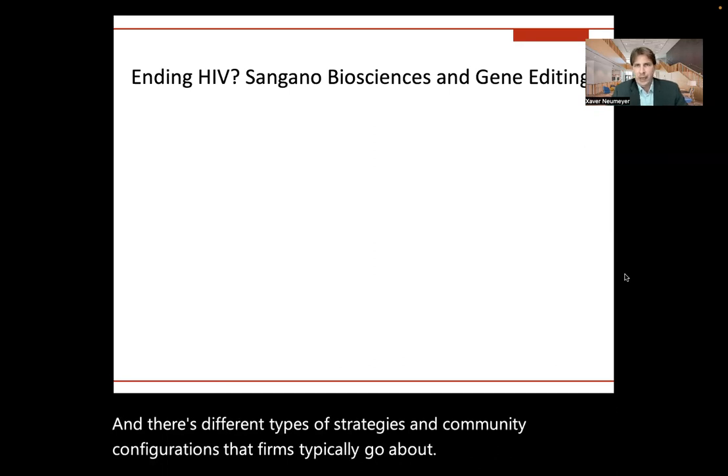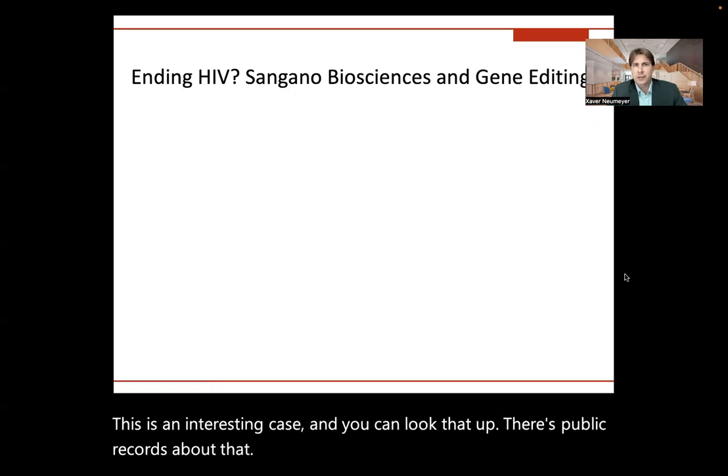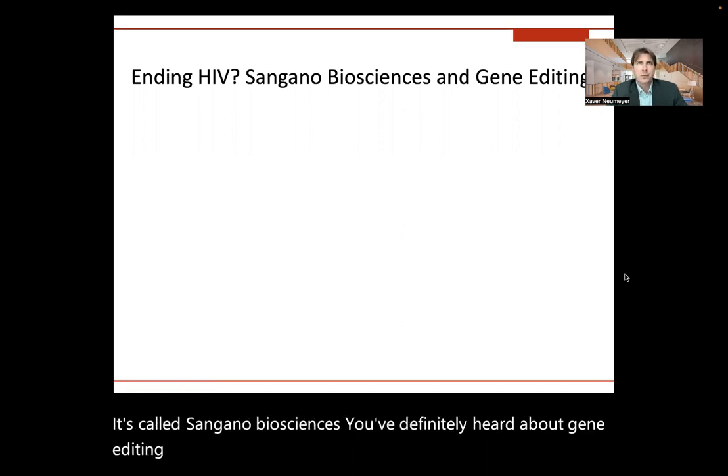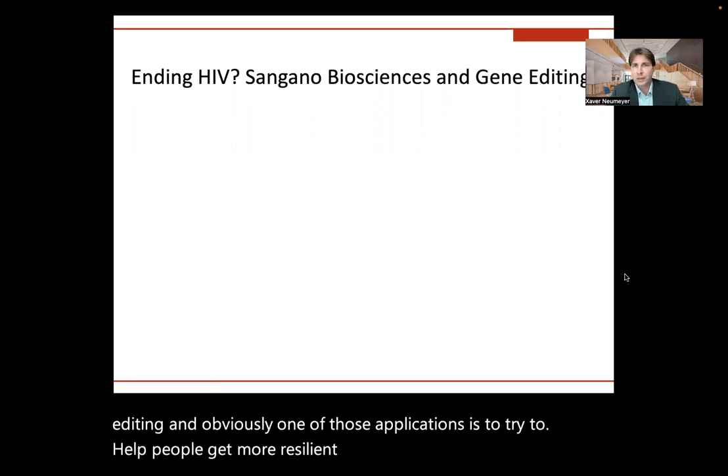This is an interesting case, and you can look that up. There's public records about that. It's called Sangamo Biosciences. You've definitely heard about gene editing, and obviously one of those applications is to try to help people get more resilient against diseases or eliminate certain diseases completely.